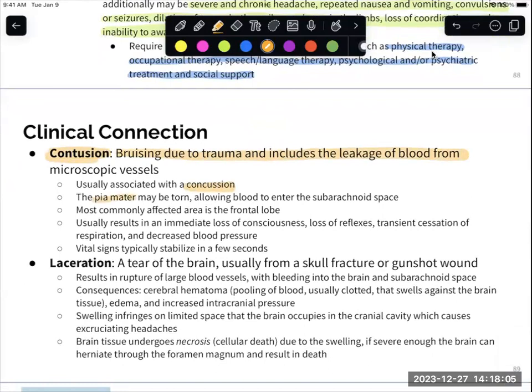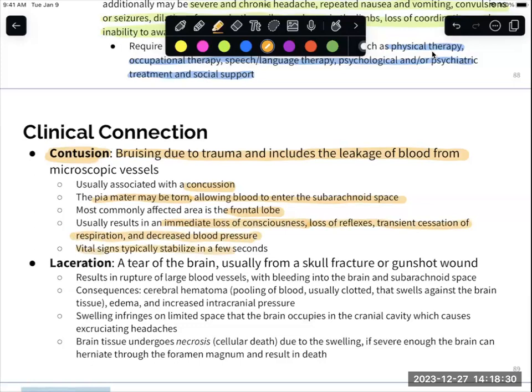The pia mater can be torn, which allows blood to enter the subarachnoid space, usually in the frontal lobe. And these people will lose consciousness, they lose their reflexes, they may stop breathing, and their blood pressure may drop.